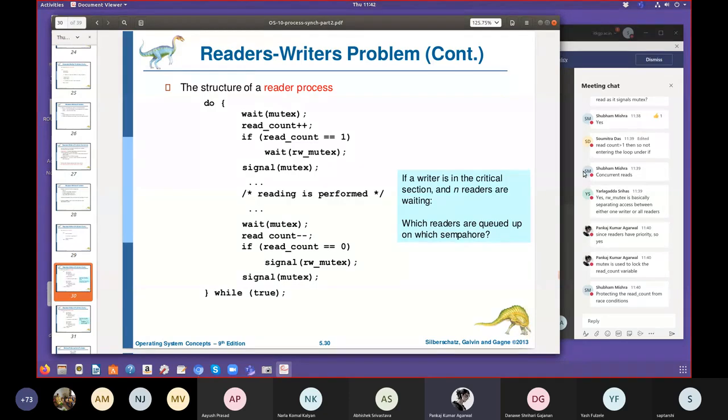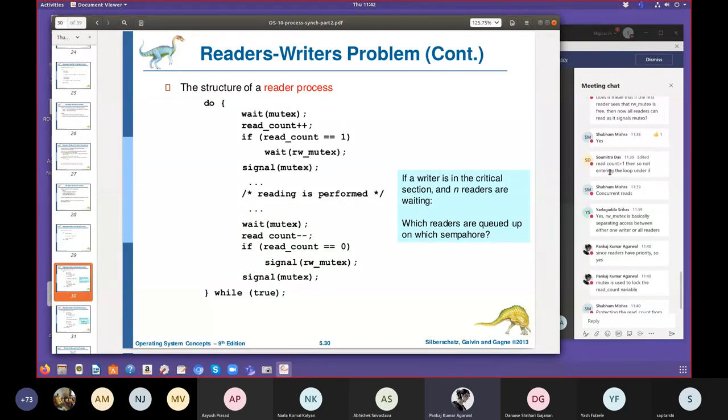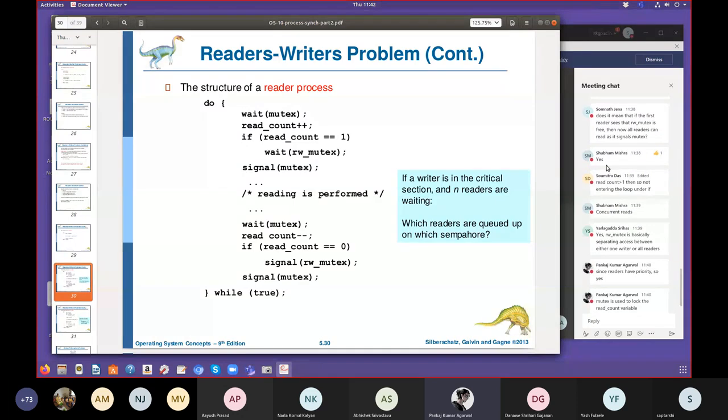If the first reader is not waiting on the writer mutex, like RW mutex, then even others need not wait, because at this point the writers and a few other readers are trying to access the same shared data, and the first reader didn't need to wait for the writer, so others also need not wait.